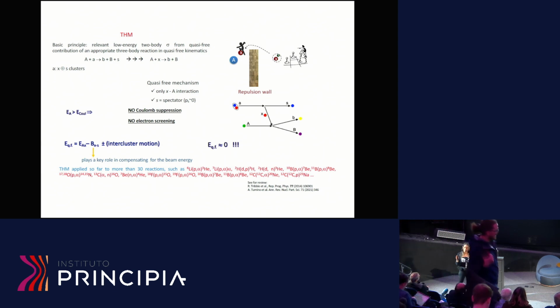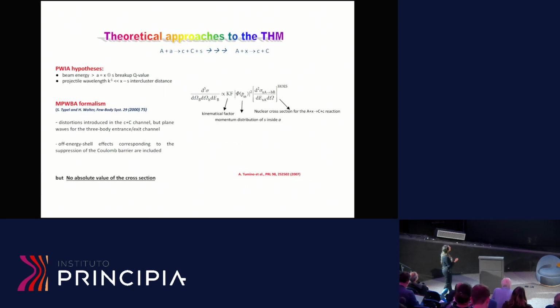But then with the intercluster motion, you can span a few MeV, in order really to populate all the astrophysical region of interest. So with one experiment at a given beam energy, you can populate all the astrophysical region of interest. This is also very important to say. We did many measurements, I will tell you later.